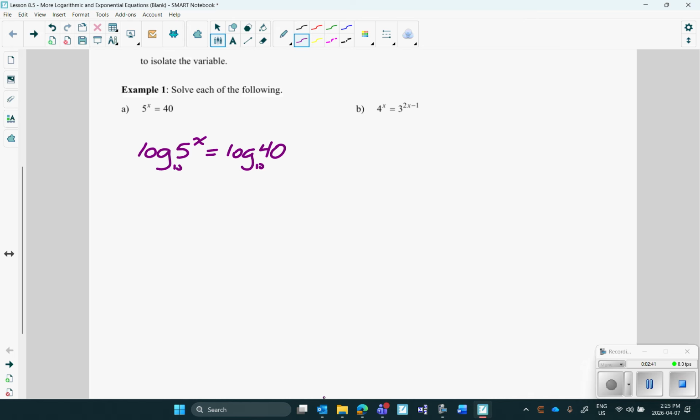So now I've got to get x by itself. But right now, x is in an exponent, in a log. How do I get it out of here? Yeah, I can use one of my log laws to put it in front. So log 5 to the x is the same as x times log 5.